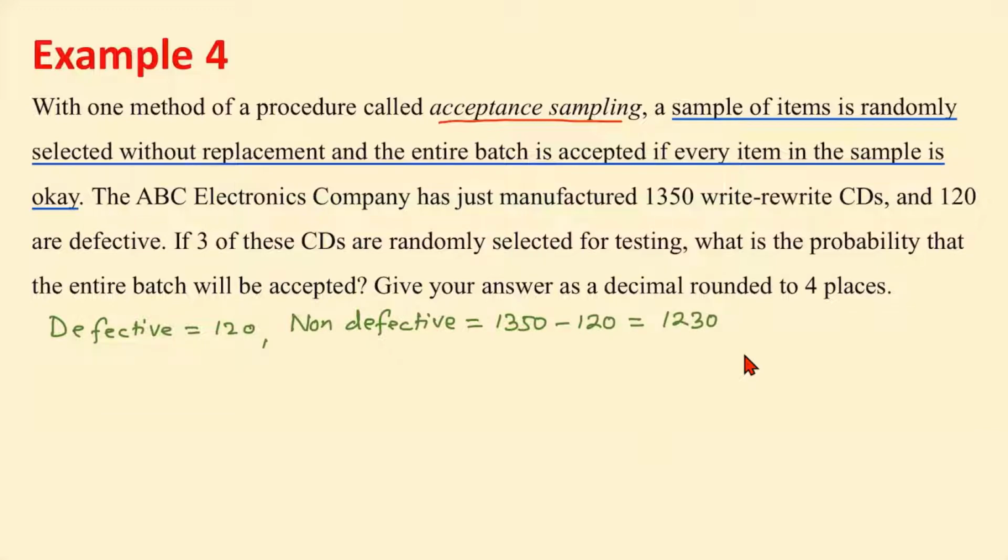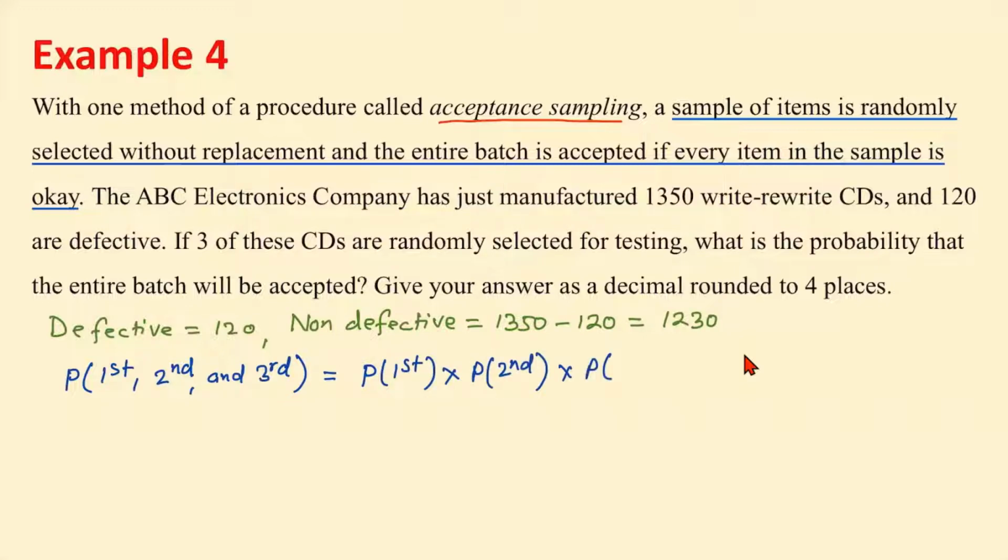So let me write here the probability that the first CD selected, second CD selected, and third CD selected are all good. These are independent cases. So we can write the probability that the first one is good times the probability that the second one is good times the probability that the third one is good.